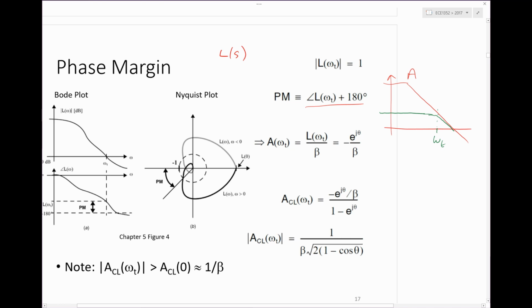The intuition is that beyond omega t, the loop's kind of open. You have no loop gain. So what gain do you see? Well, you just see the forward gain of the amplifier A beyond that point. So that makes some sense.